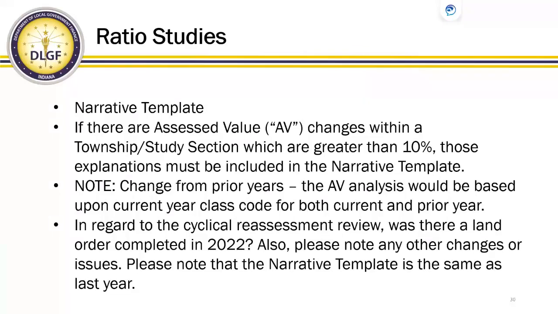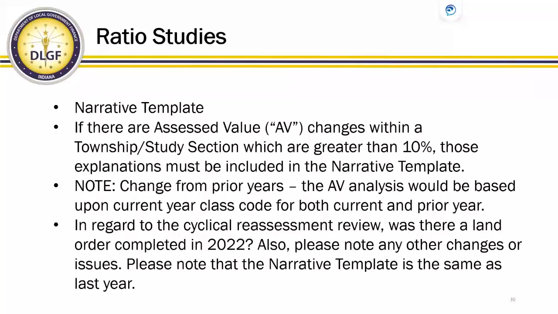Explanations could be something like, if you had new construction, a new office building or a new factory or a new hotel, that's what's causing the greater than 10% increase. Or conversely, if you had something that reduced your assessed value by greater than 10%, perhaps it's a factory that was closed and torn down, or buildings that were demolished, whatever the case may be. But in the narrative template, please include any explanation of why things changed more than 10%.